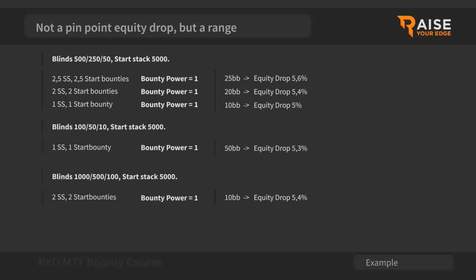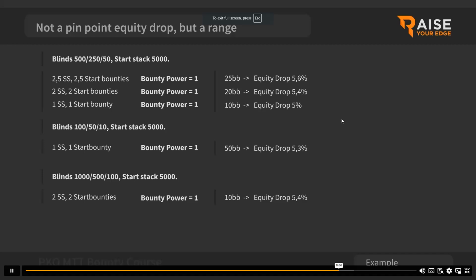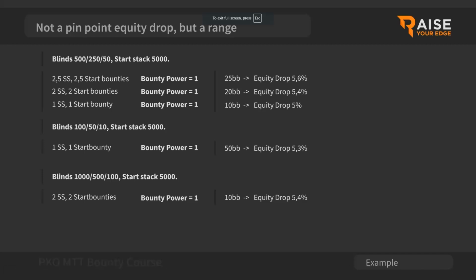Now if you take more and more situations into consideration, with even more different blind sizes and bounty to starting stack ratios and so on, then you can do a statistical analysis. And this is what we have done. We have done a statistical analysis for every bounty power value.